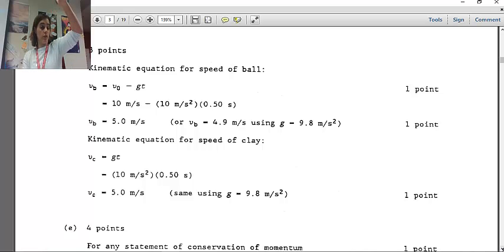For the clay, it has no initial velocity and it's falling, so just g times t. And you can see equation got you a point, answer got you a point for the ball. And what's interesting here for the clay is that you only got the point for the answer. But ultimately, they do want to see the work.